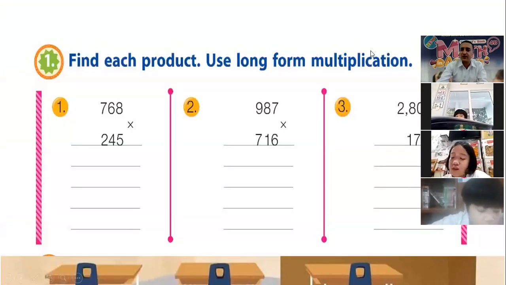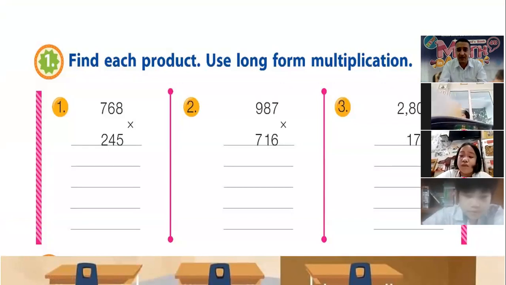All right, so we already learned in our last class how to find the product using the long form of multiplication of multi-digits with 3-digit numbers. So here we have some questions, okay?